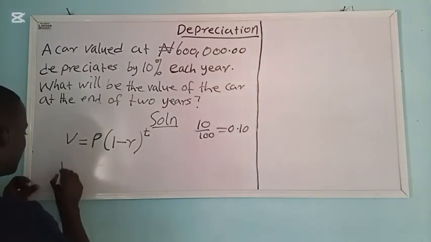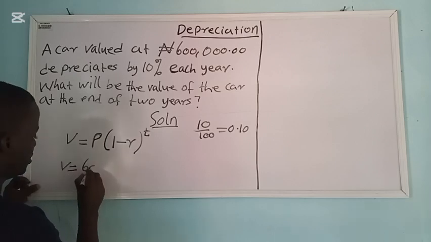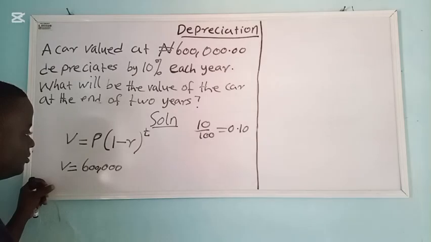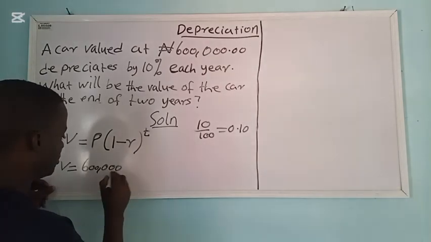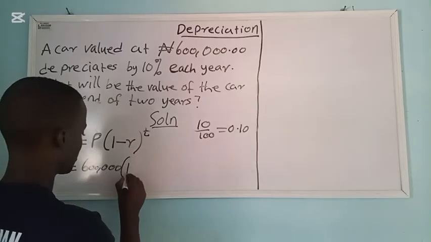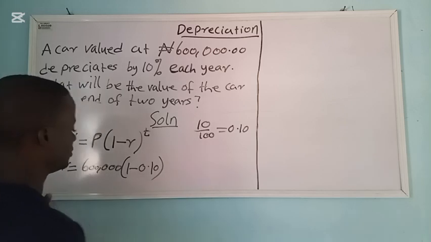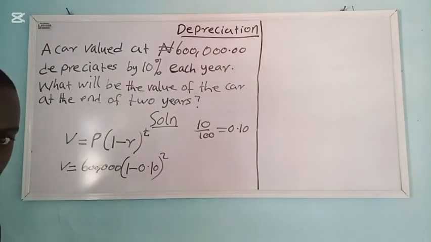So V is equals to P, and this P is 600,000, times 0.1 squared. This 2 will be squared.